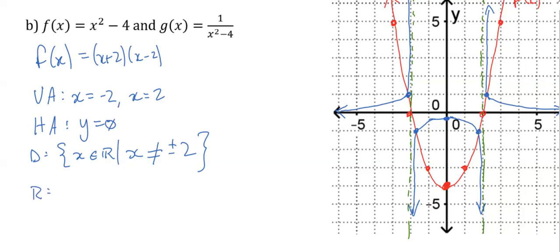Now the range is a little bit different. Anybody want to try the range? Let me think of why it's a bit different. So greater than 0 sounds good to me, and not equal to, right? Because that's an asymptote. But it's not actually less. It's not x is less than 0.